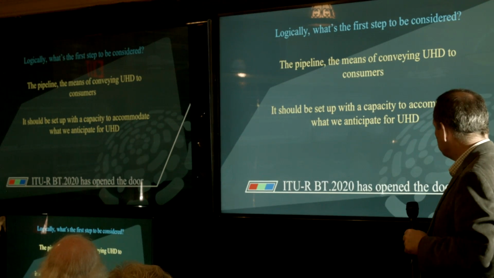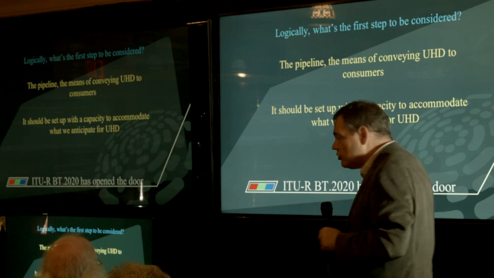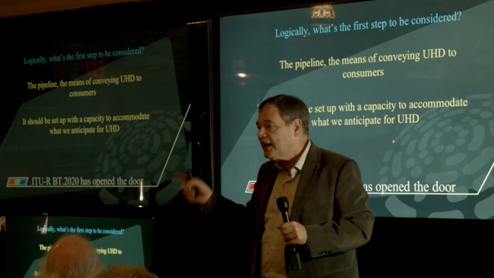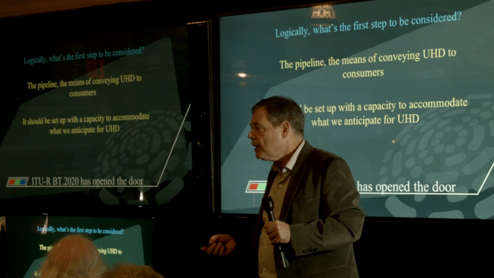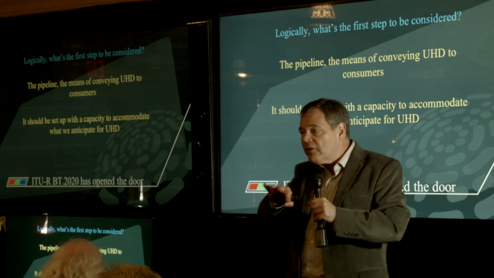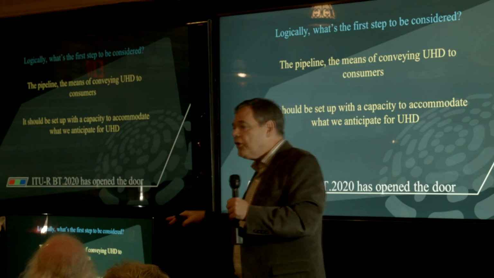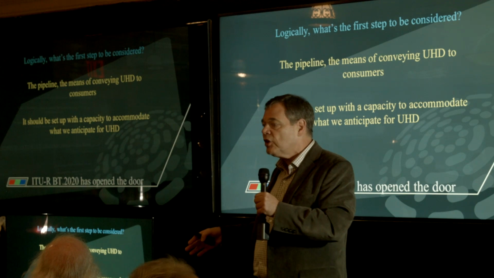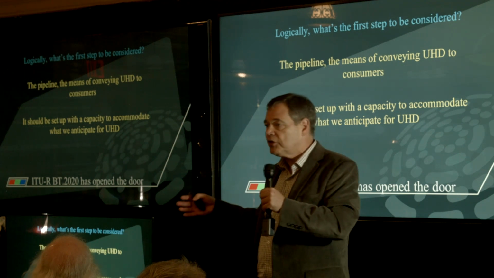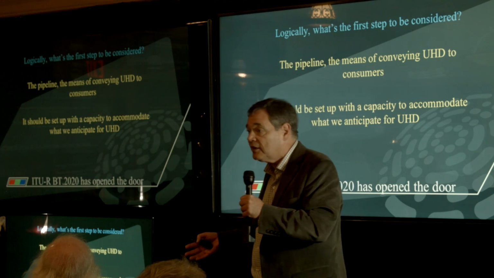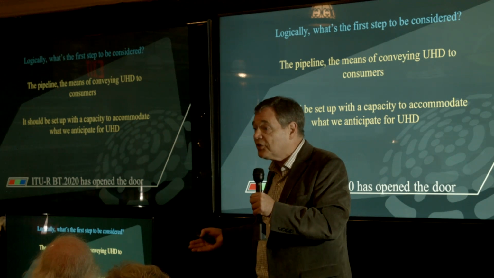The important part of the changes is the pipeline, getting the information to us. That is what almost everybody in the UHD system is missing. They're all working on high dynamic range, and they're going to produce it, but they can't actually get it to the set because the set won't take it as an input.